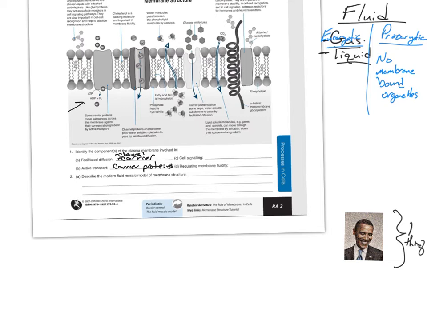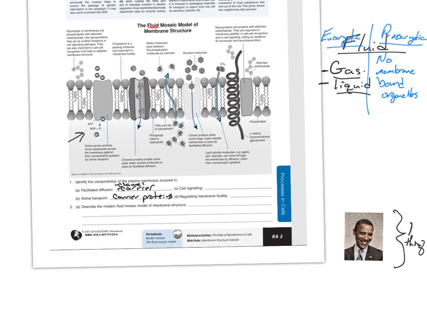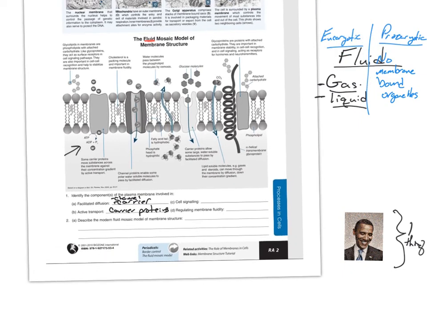Here it is. All right. Cell signaling. Well, what's going to tell the cell that something's happening outside? It has to be something that sticks outside and also is able to match a signal outside and transmit that signal into the cell to tell the cell that something's happening outside it.